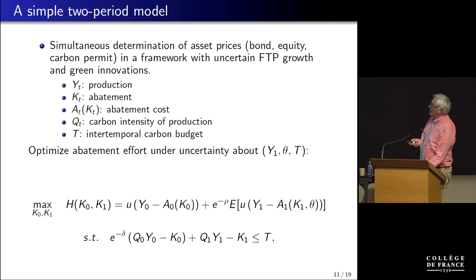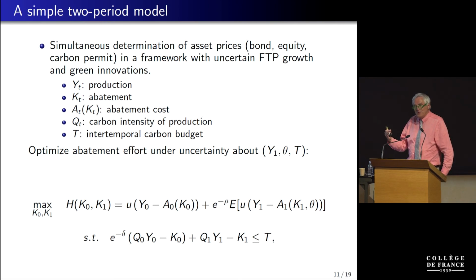Because my model is calibrated in two periods of 15 years, the period 2020 to 2034, and then from 2035 to 2050. So you have a time path of 15 years.